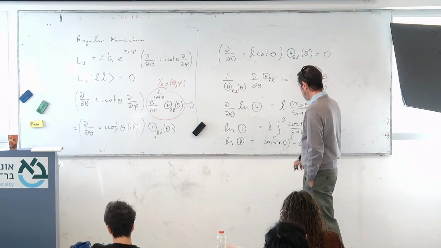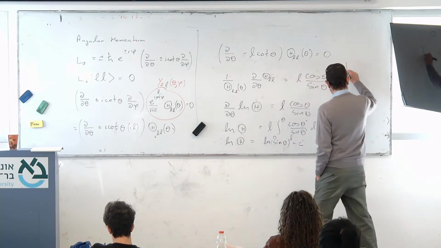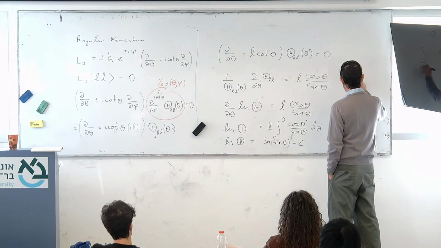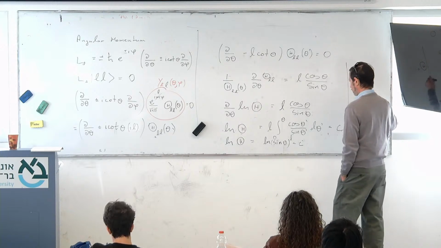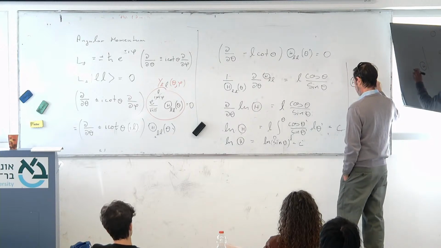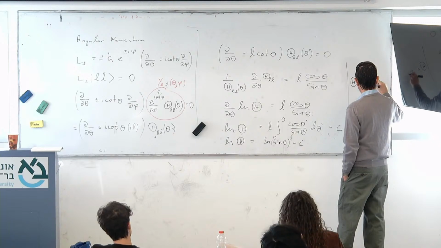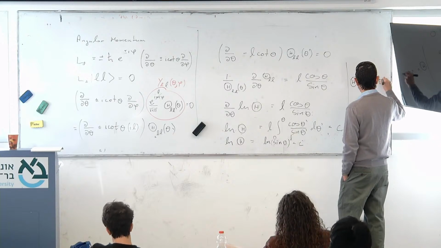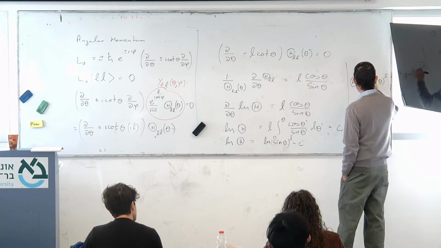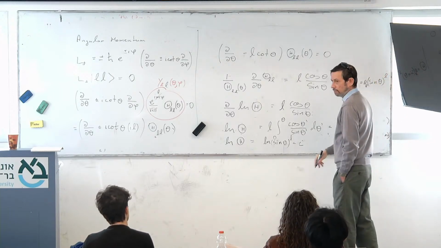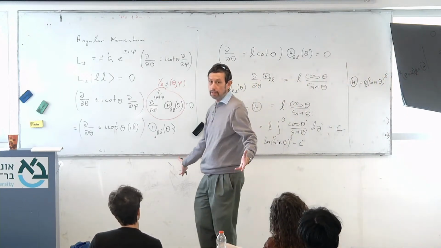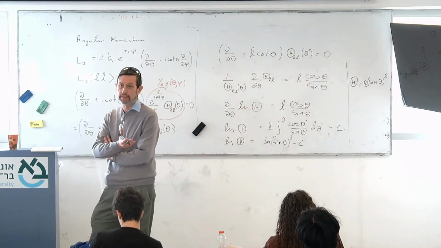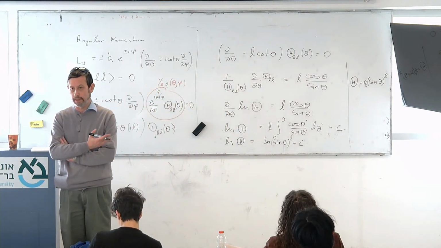And the conclusion, which I'll write here, is some constant, and the constant I'll be able to find out of normalization.